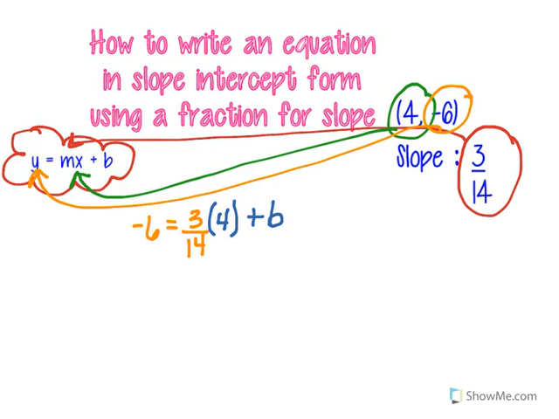So when you have a fraction and you're multiplying it, you want to multiply the top and then divide by the bottom. So we're going to multiply 3 times 4. You get 12 over 14.